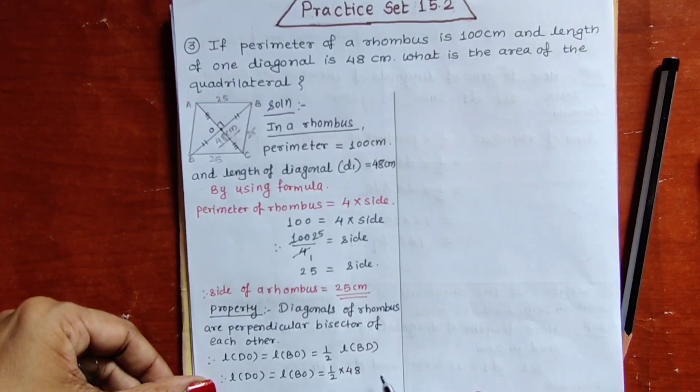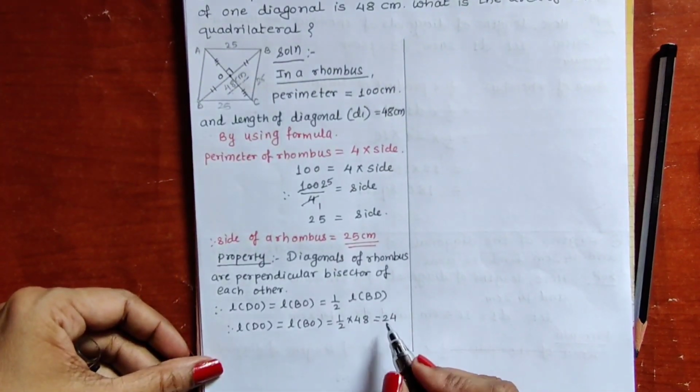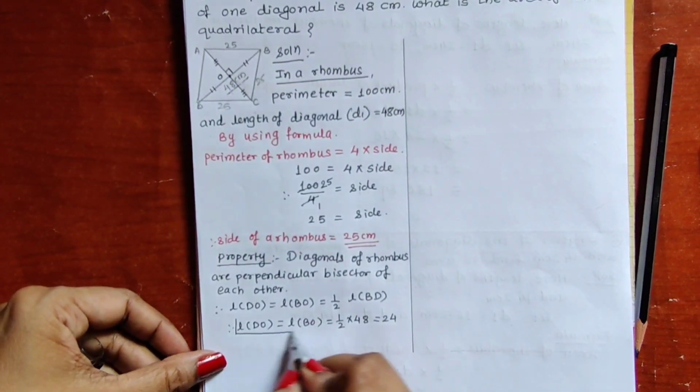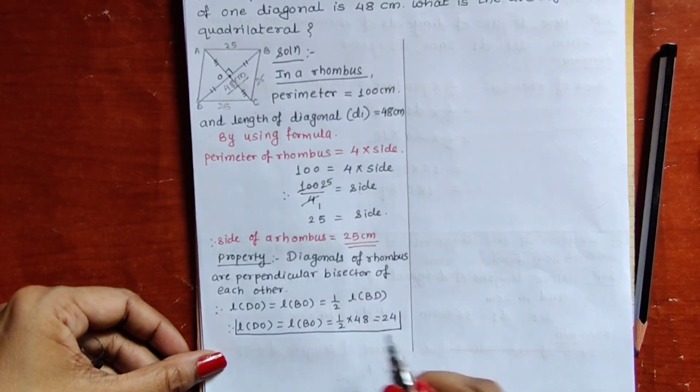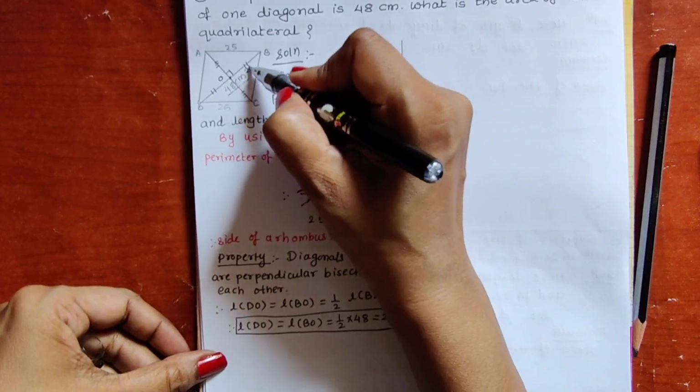Half of 48 we all know it is equal to 24. So DO and BO are equal to 24. So only this half is 24.